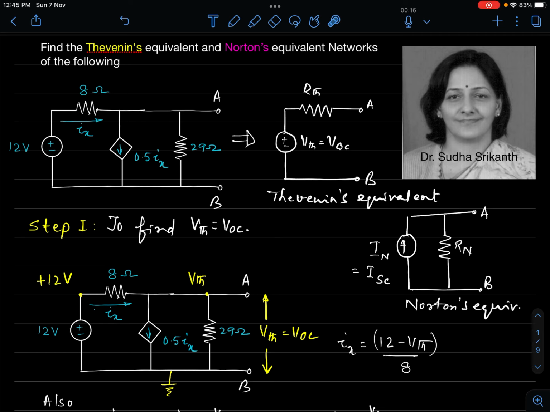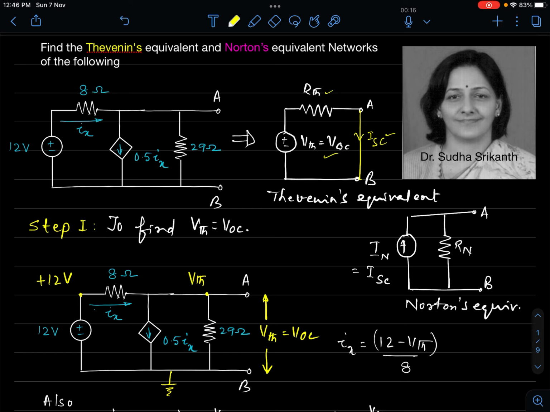So in order to evaluate the resistance, the method that is adopted is very simple. It is very logical and very convincing. What we tend to do is try to find the short circuit current in this network. If I short these two terminals, suppose this is my ISC, then we can write an Ohm's law equation relating VOC, ISC and RTH.